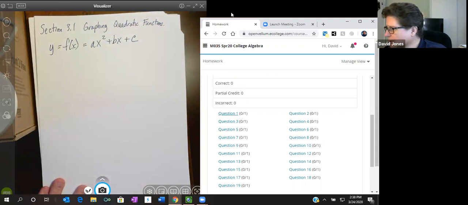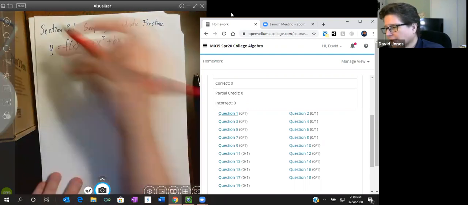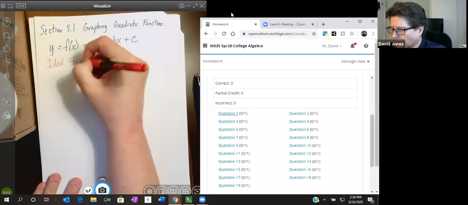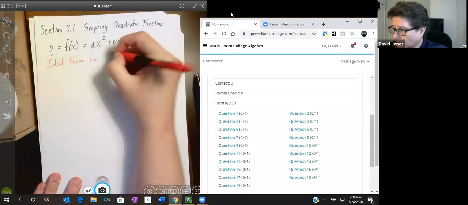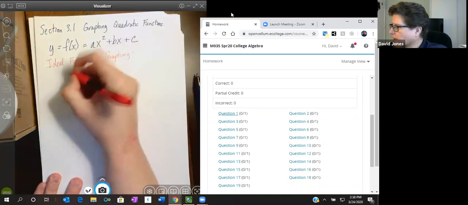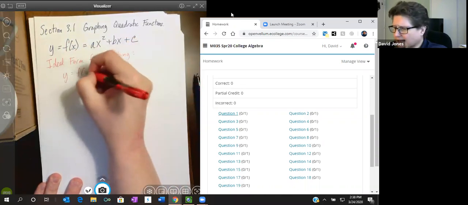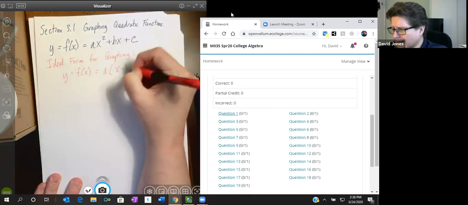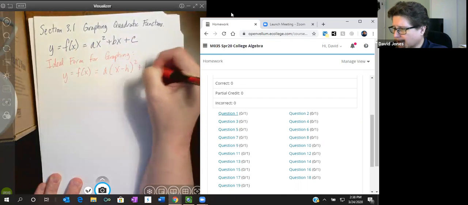So let's start with the easiest way to graph it. The graphing form, or the ideal form for graphing, is y equals f of x, and it's a times x minus h squared plus k.